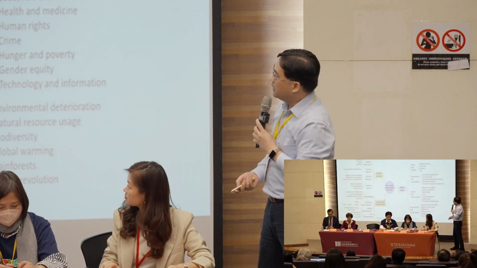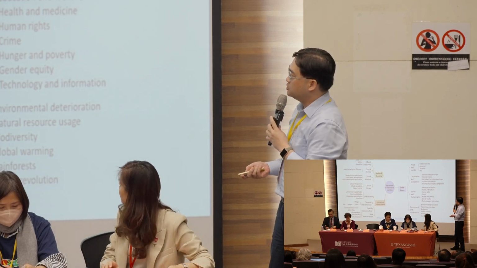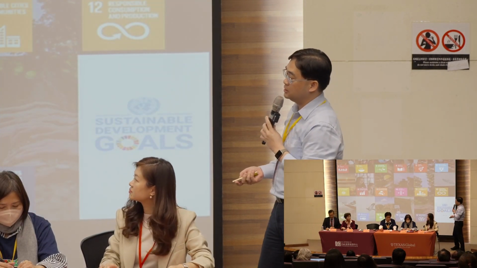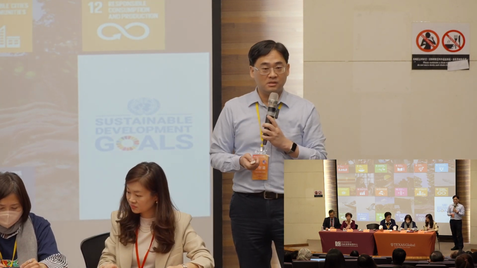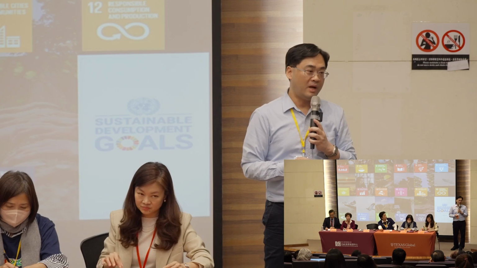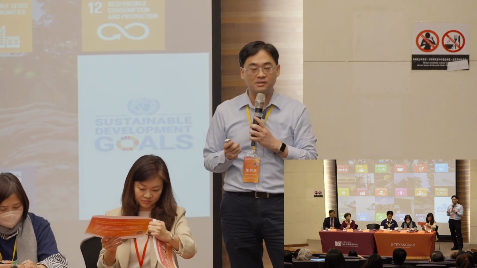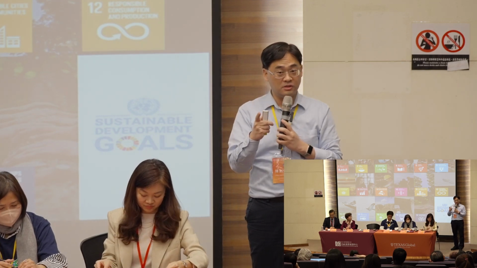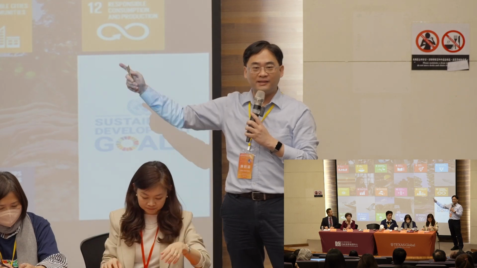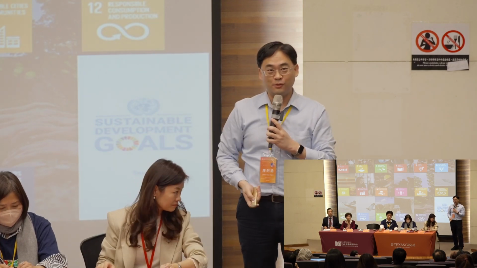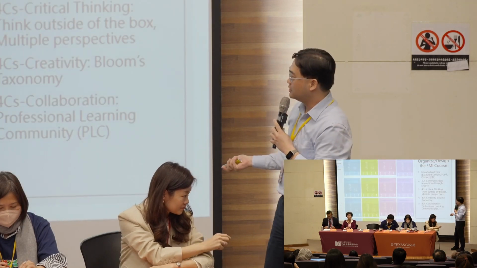We have also discussed some international education frameworks as well as SDGs. Those are critical for my students because they are not only thinking about global events, they also analyze them, and they need to think about how to transform that global knowledge into elementary school teaching, because my students are future elementary school teachers.